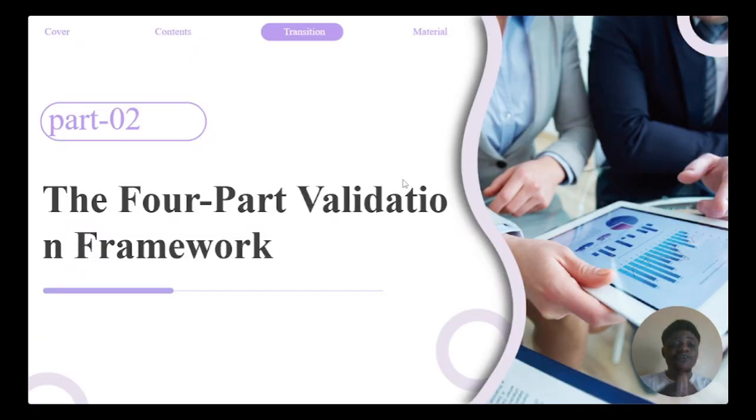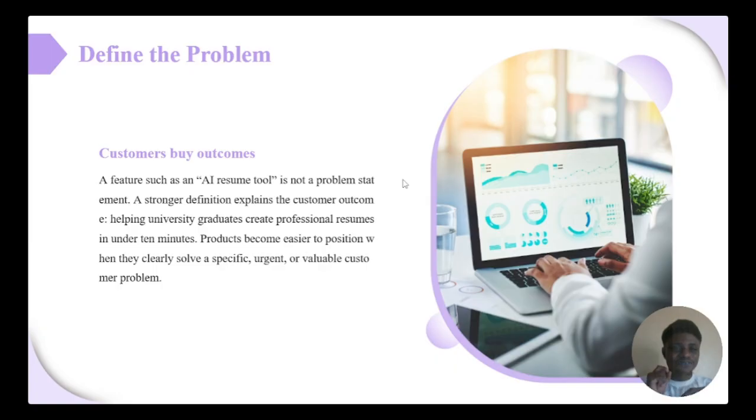Now we give you the four-part validation framework. Number one, define the problem. Yes, customers buy outcomes. Let's take, for example, if I take a product and I begin to pitch it to a potential buyer, and I begin to tell him how wonderful this particular product is, it's red, it's good, but I do not actually answer the most important question the customer has.